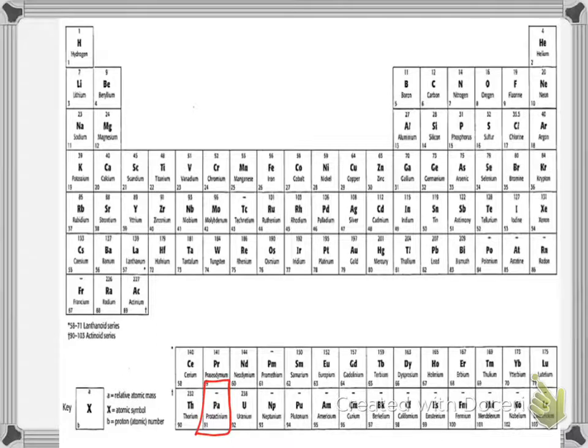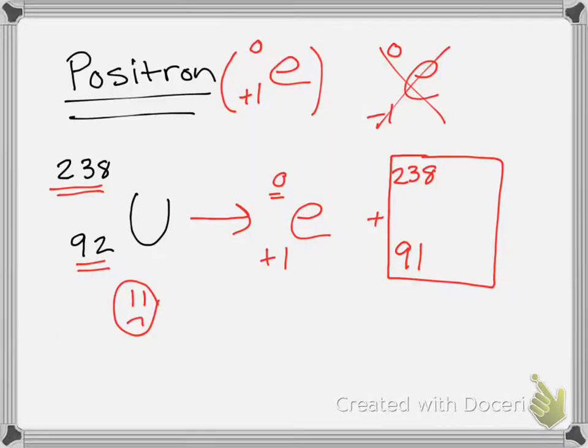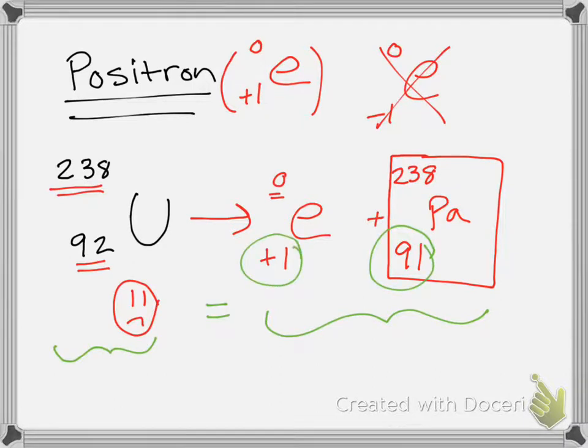Here it is, Pa. So we're going to write here Pa. Now you can always check your work. Remember, what's on this side should equal what's on this side. So 91 plus 1 is equal to 92. That's how you know you did it correctly.